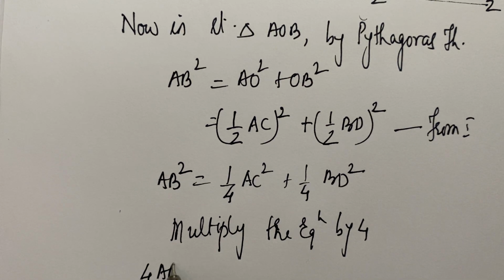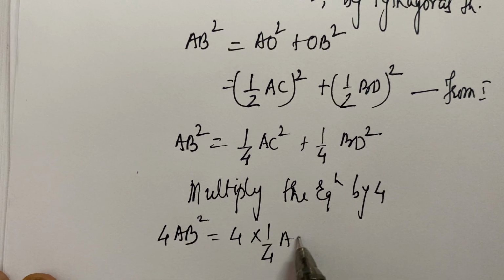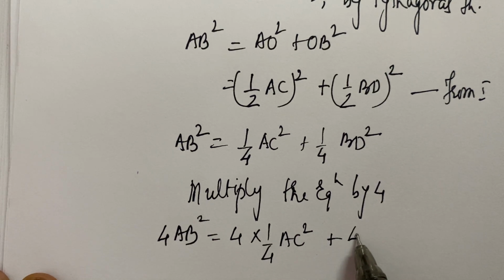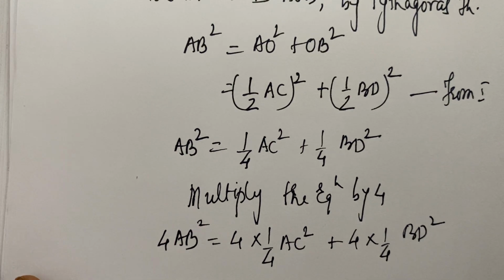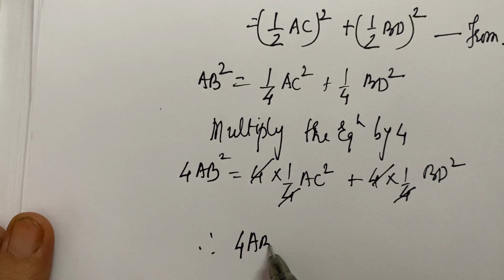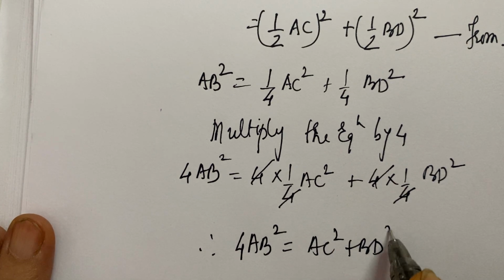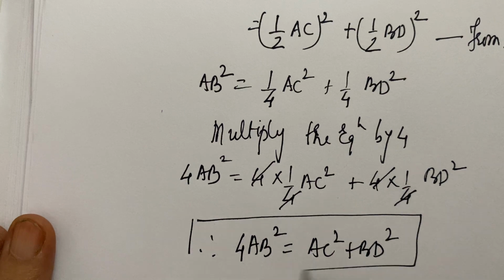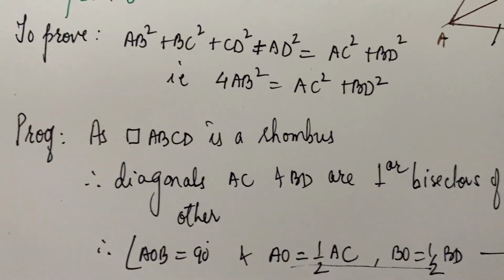So 4 times AB square is equal to 4 multiplied by 1 upon 4 times AC square, 4 multiplied by 1 upon 4 times BD square. We have to multiply the entire equation by 4. This cancels and you get the required result: 4 times AB square is equal to AC square plus BD square. This is what you have to prove, that the sum of the squares of the sides of a rhombus is equal to the sum of the squares of the diagonals.